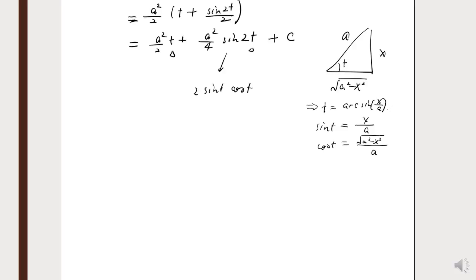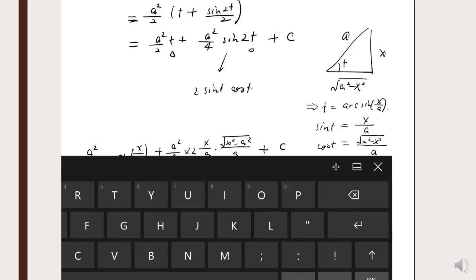So let's put everything back in. We have this arc sine x over a, and we have 2 times sine t, which equals this, and cosine t, which equals this, and plus C.